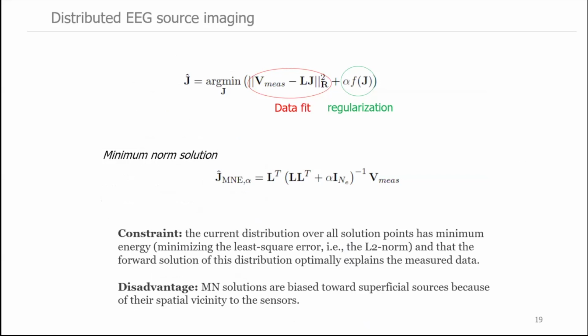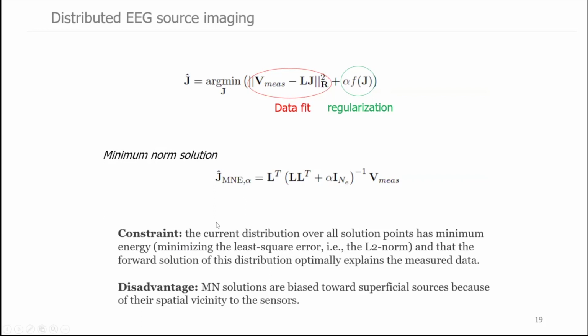For the distributed EEG source imaging, basically you look for some sources in the brain that maximize the data fit, but you also add some regularization. So you add some function on the sources that you say, okay, I want, for instance, with the minimum norm solution, I want sources that have a very good data fit, but I also want the sources that produce the minimal amount of energy.